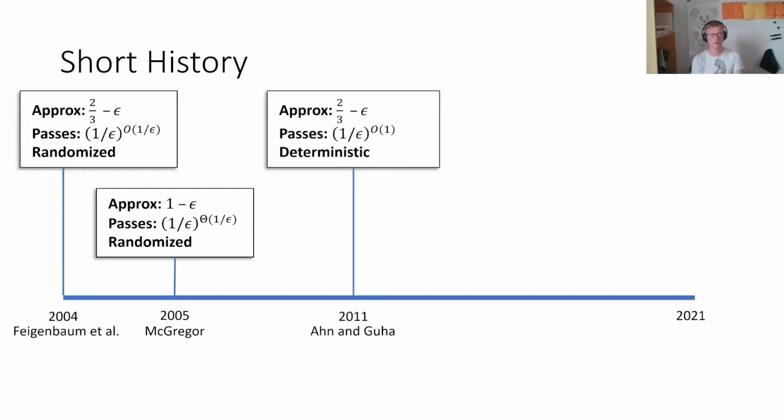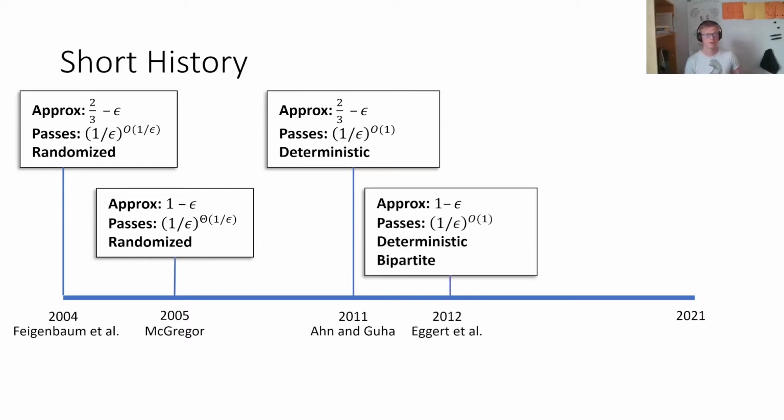Then a bit later, these randomized algorithms were, well, let's say that the first randomized algorithm was matched with a deterministic algorithm, and in particular, the number of passes became polynomial.